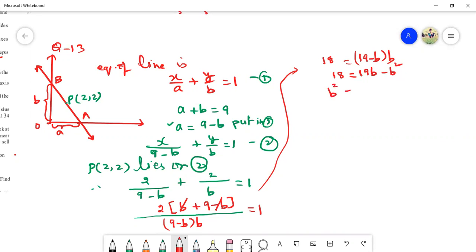So b square minus 9b plus 18 is equal to 0. Okay. Now split into two parts. Check again. 2 nines are 18. Sorry, this is not 19, this is 9b.